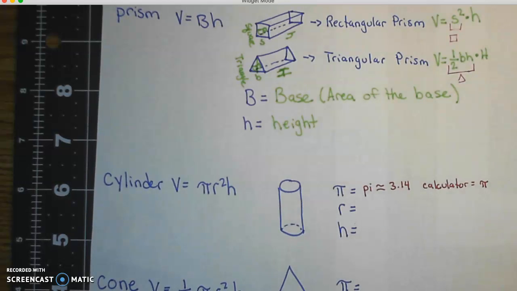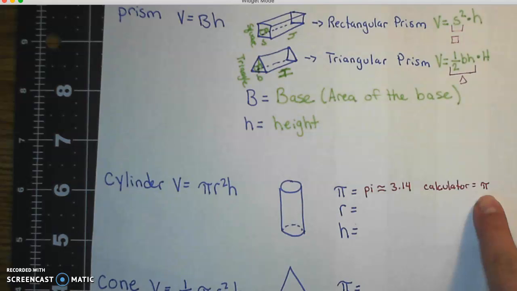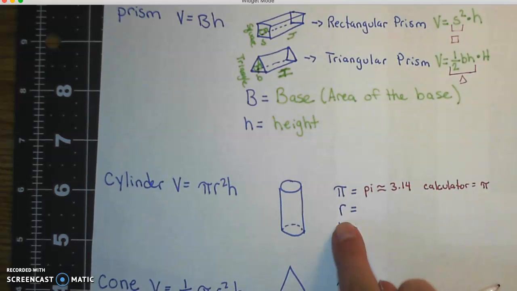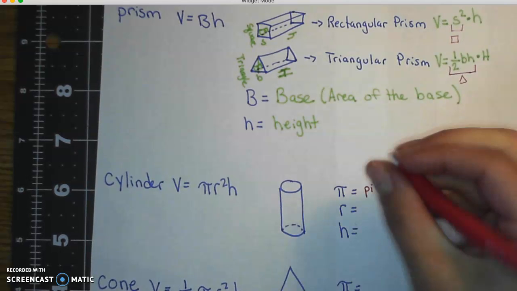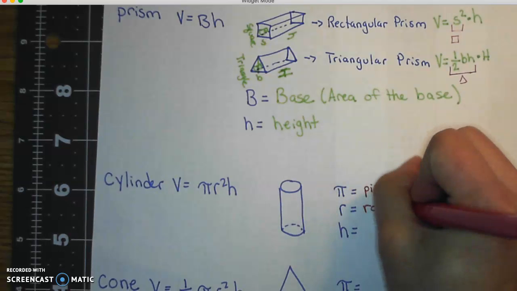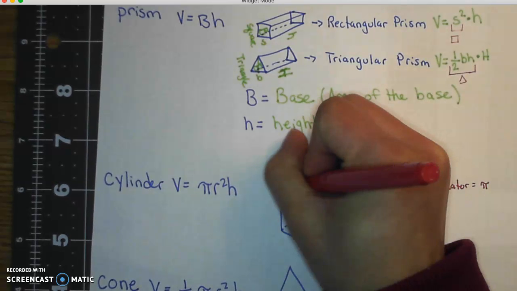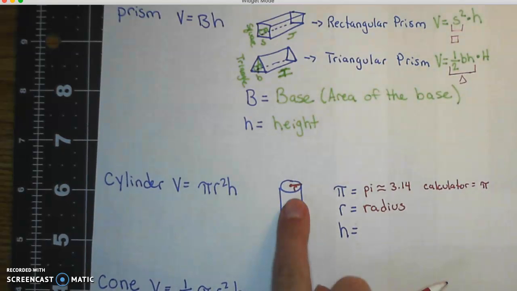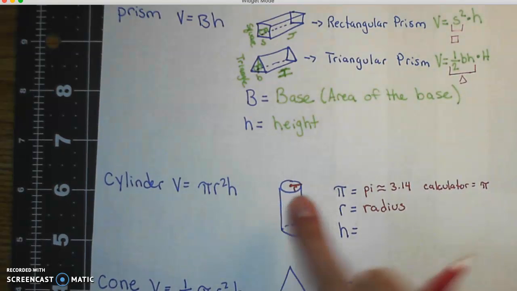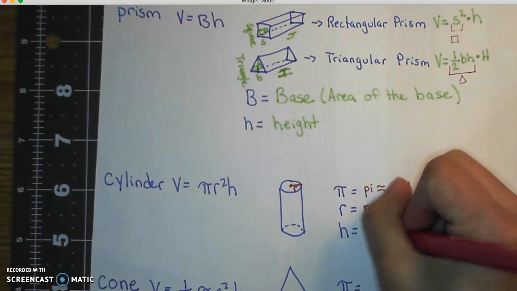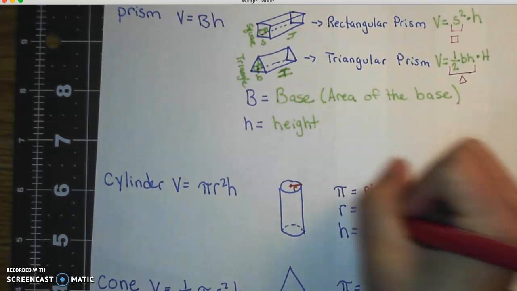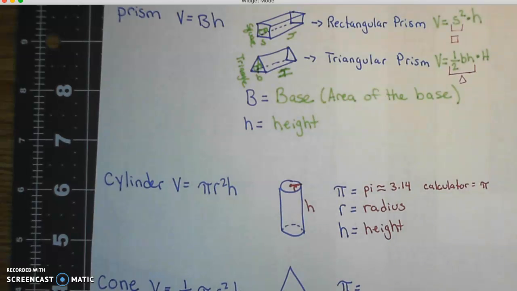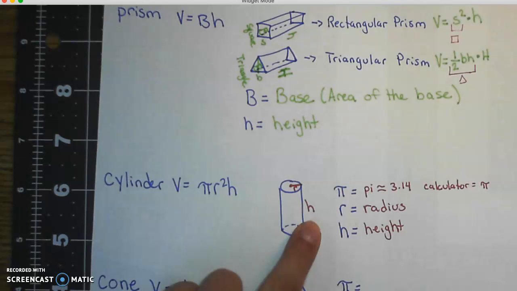Even your phone has a pi key. What do you think R stands for? Yeah, it stands for the radius, which is right here. Remember, it's half of the circle. And lastly, H stands for height. So for a cylinder, we need the radius and we need the height.